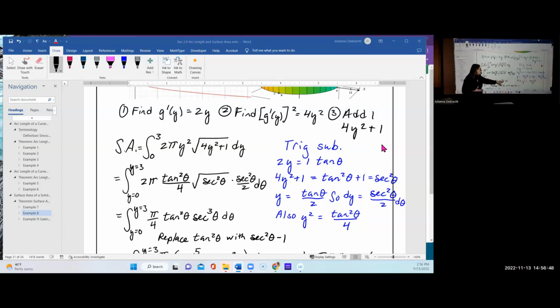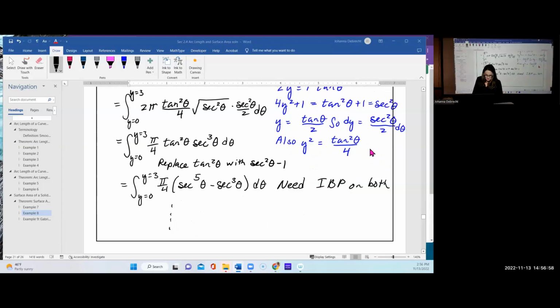Now, because this is odd and this is even, we convert the two tangent of thetas using the Pythagorean identity secant squared minus 1, which when we multiply that out, gives us this expression that you see here, secant to the 5th of theta minus secant cubed of theta.